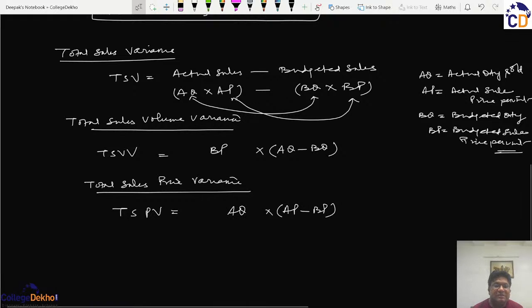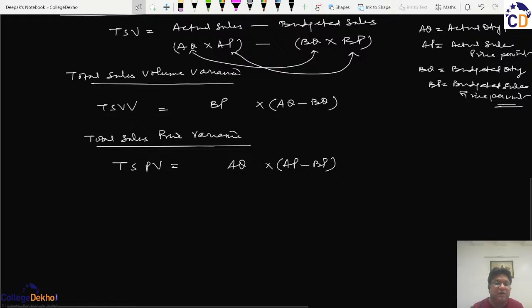Now, these three variances will be calculated whether one product is sold or multiple products are sold. But if there are multiple products, then the recurring problem, as discussed earlier, will be the proportion of the quantity sold, because different products will have different prices, and there may be a change in the proportionate quantity.